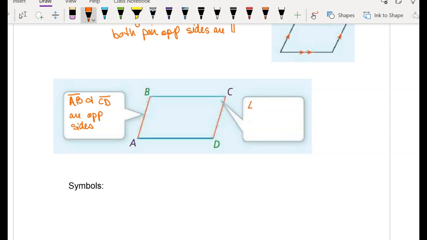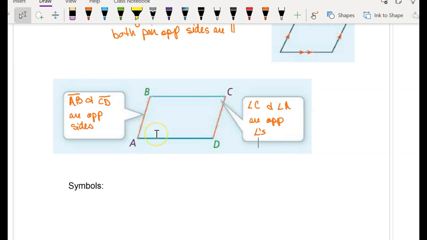So what do you think that means? Angle C and angle A are opposite angles. So we have AB is opposite of CD. We have angle C is opposite of angle A.